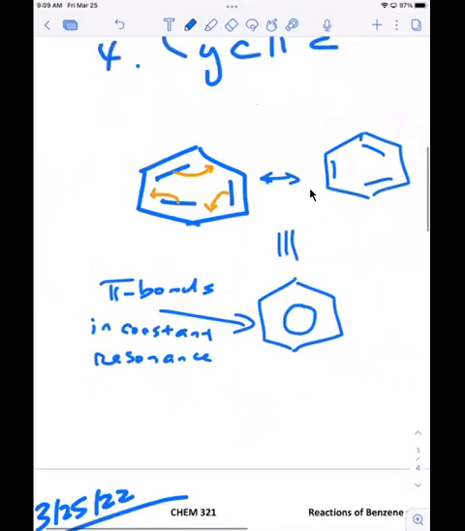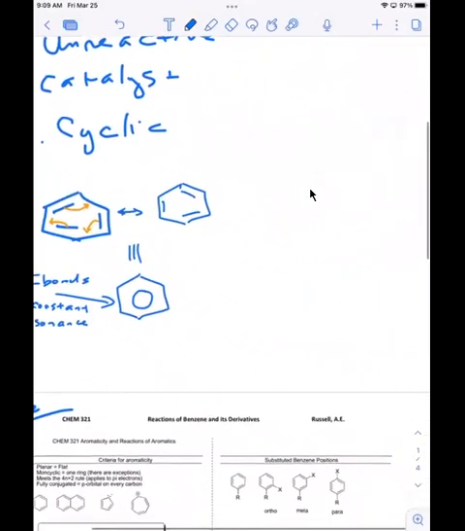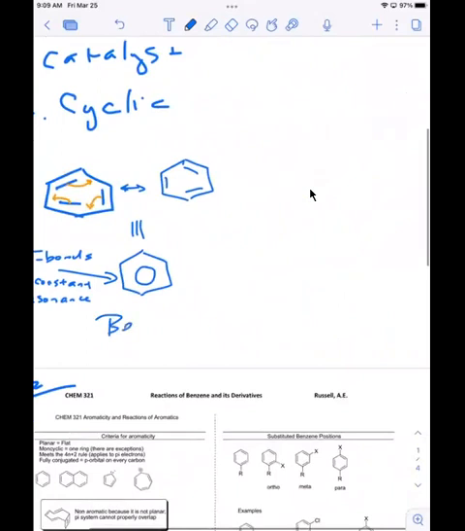All right. And then sometimes you'll see, so this is benzene. There are other aromatics. We're going to look at some examples shortly.